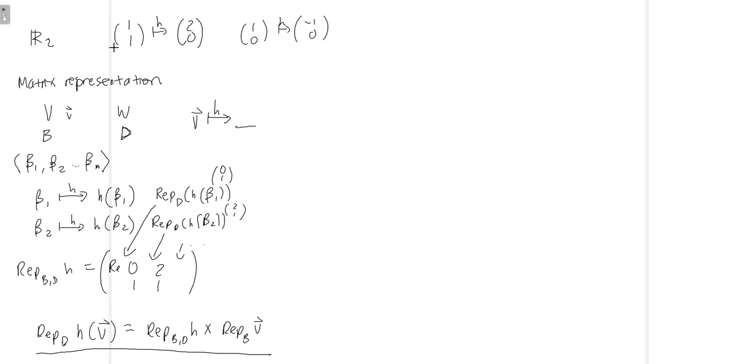Okay, so let's go back to our problem. We know that we're given a couple of vectors, and we're given this projection, and it's asking us what is the representation of H with respect to the standard or natural bases.